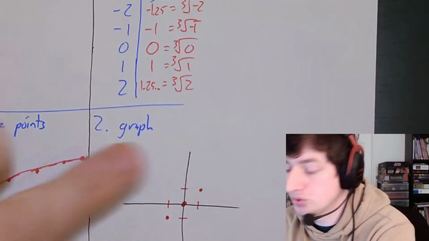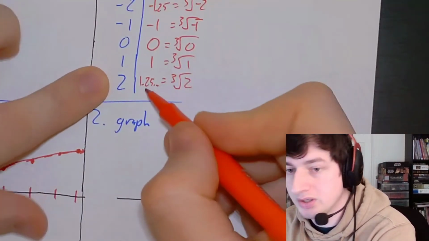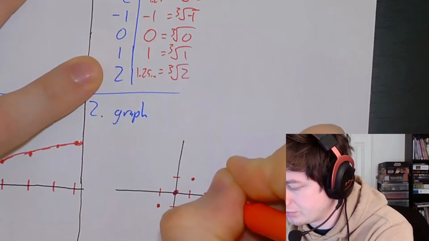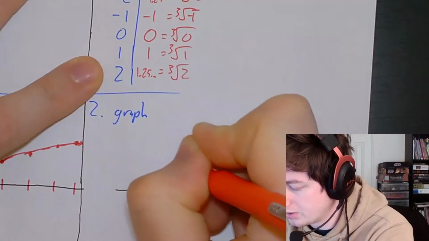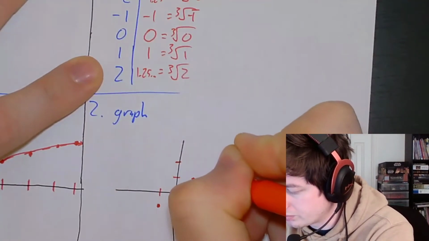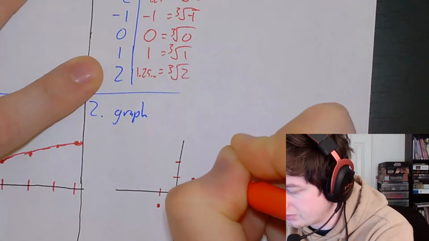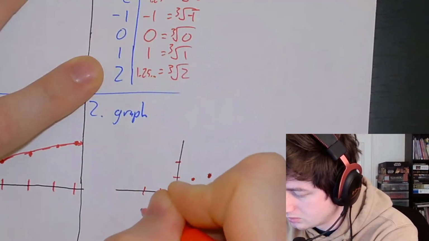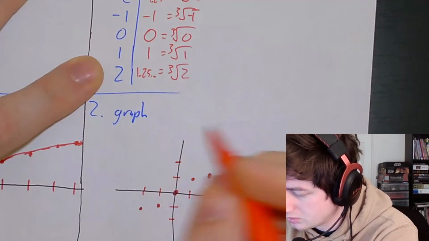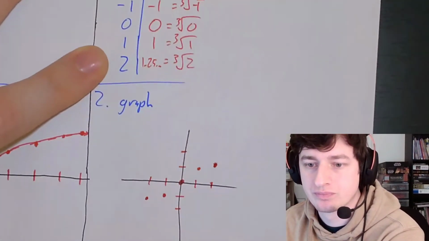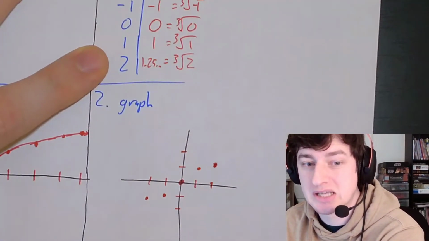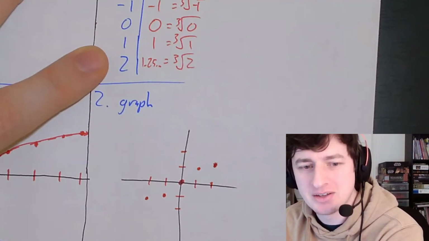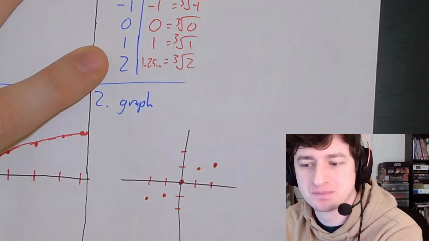Okay, and then 2, and then 1 1/4. So 2, and then 1 1/4 puts it about, I don't know, there-ish. So this kind of looks like a fan, the cube root function.